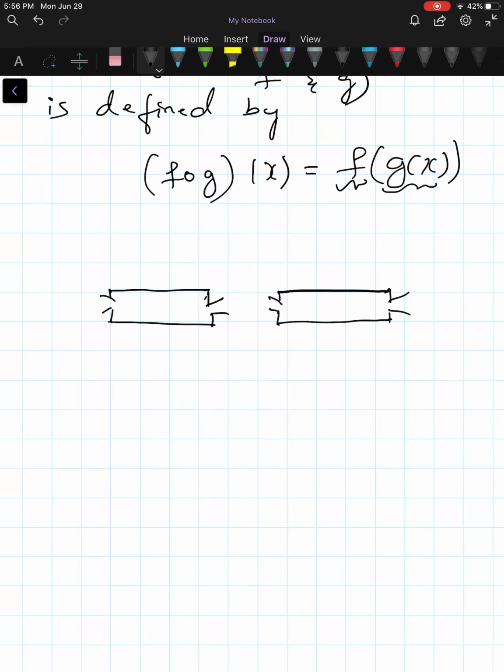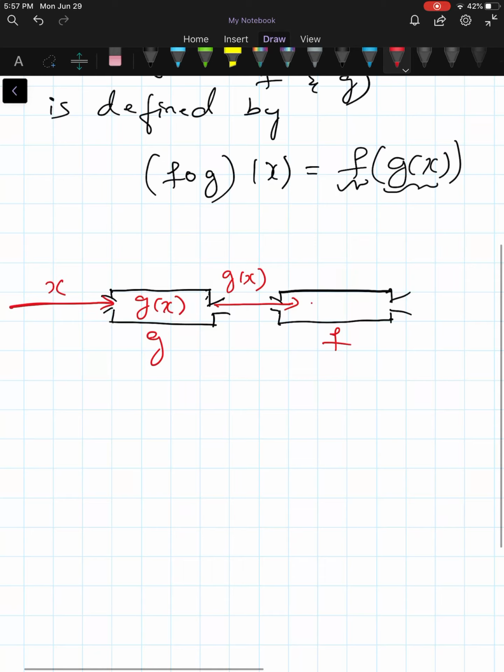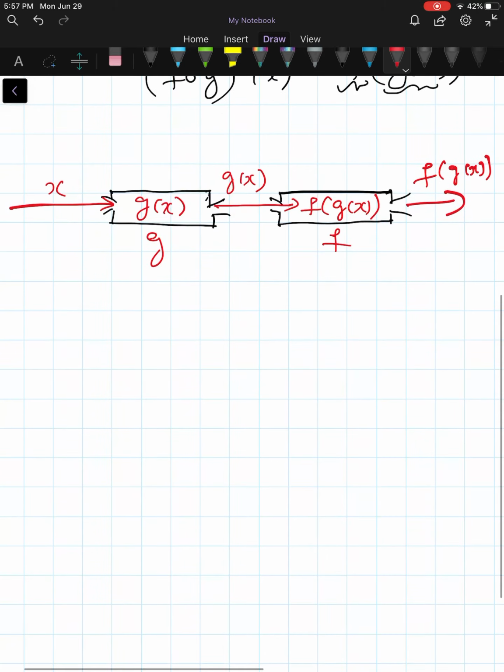You have x entering the g machine, you process g of x and output g of x. What enters the f machine is g of x. Here you process f of g of x, that is you apply the function on the ready product g of x, and then you output f of g of x. So this is the machine diagram.